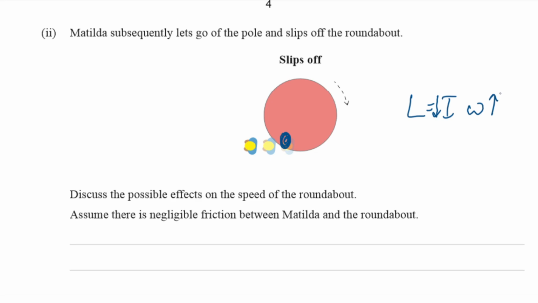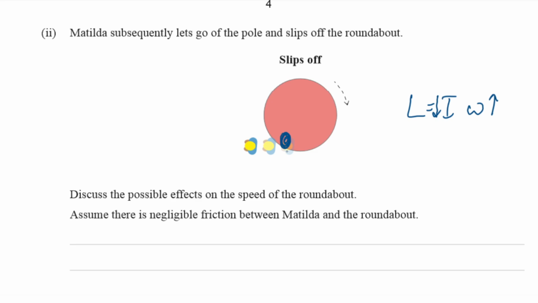But looking into it a bit more, we need to consider the roundabout and Matilda as a whole system, so combined. When Matilda slips off, true, some angular momentum is lost, but that's only her angular momentum, and that is then going into her linear momentum.